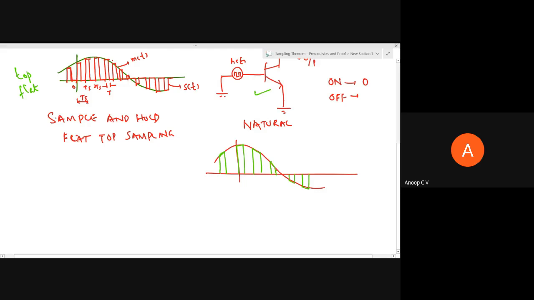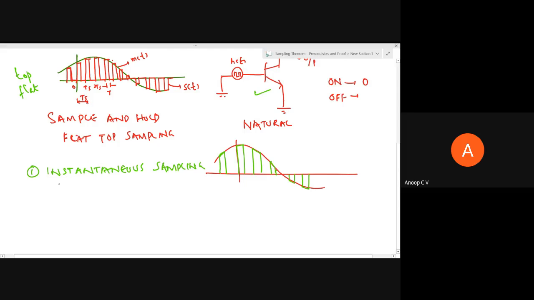So basically, the generation of PAM involves two operations, right? The first one is instantaneous sampling.